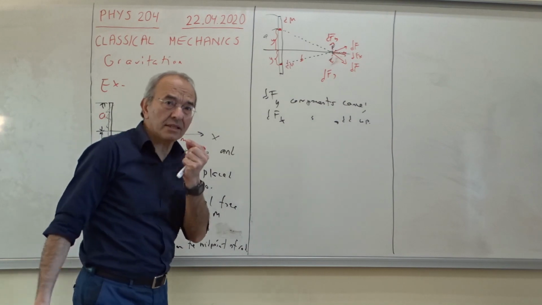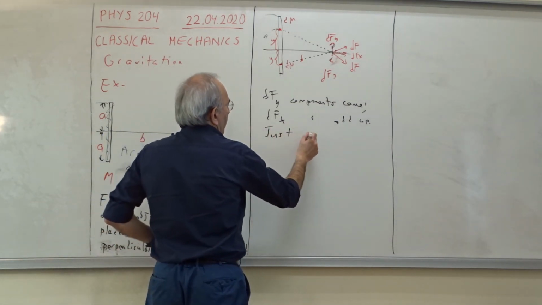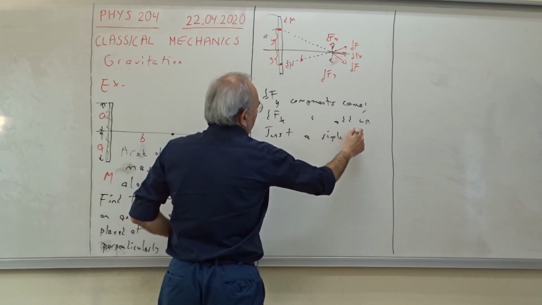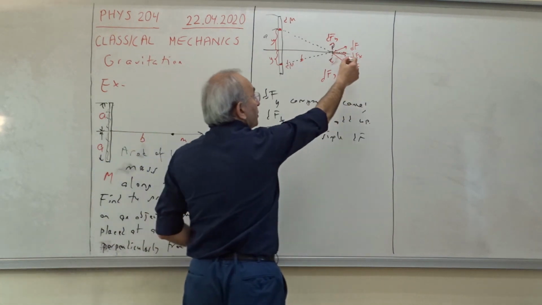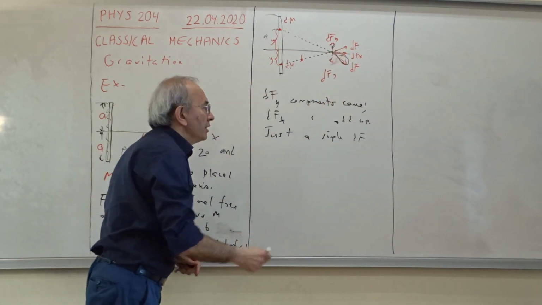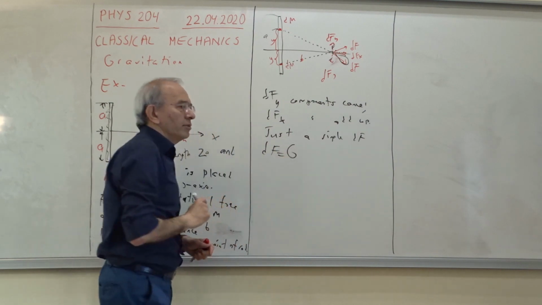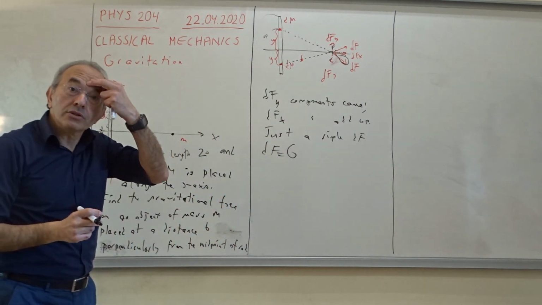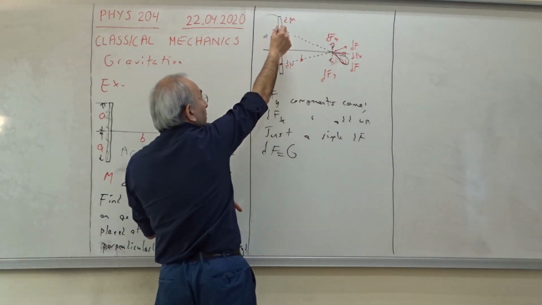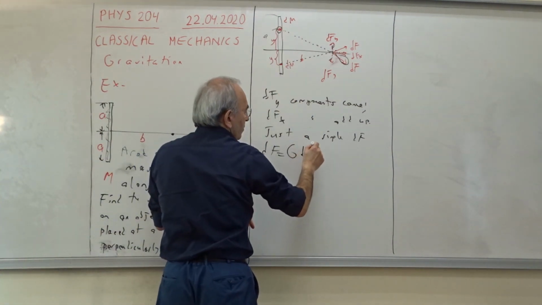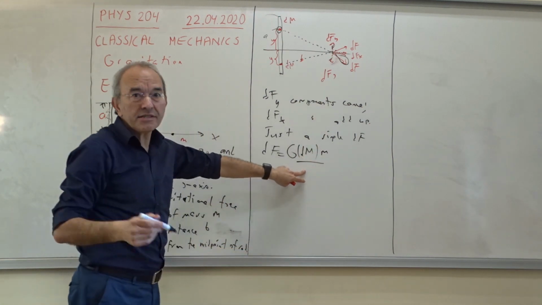What is just a single dF, just a single force element without any component? This dF, just the resultant one, is written as dF equals G, of course the famous constant of universal gravitation, capital G, times this mass element dm, the other mass, which is little m, divided by the distance between them squared.